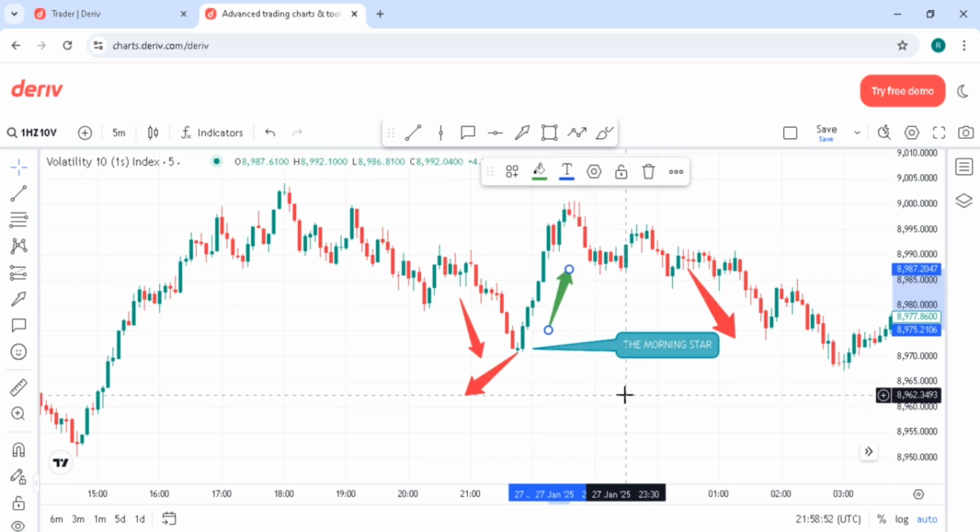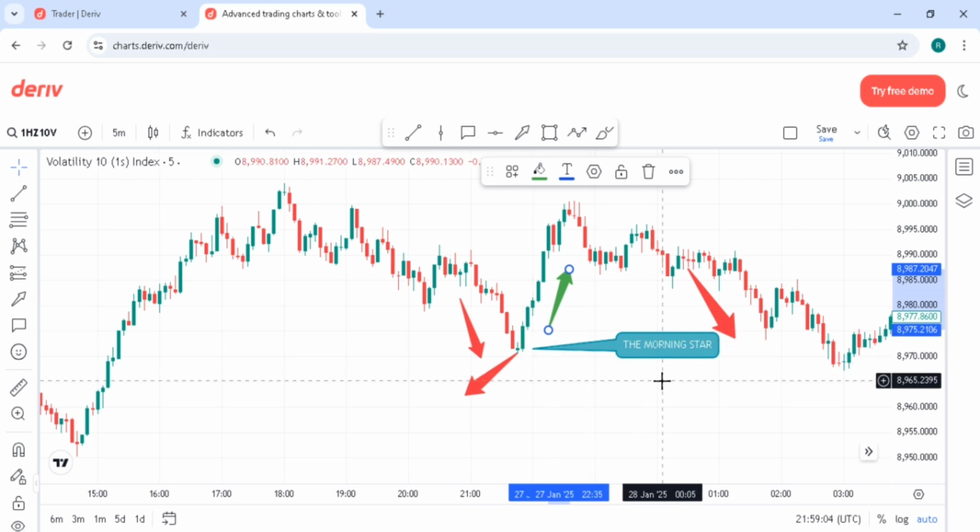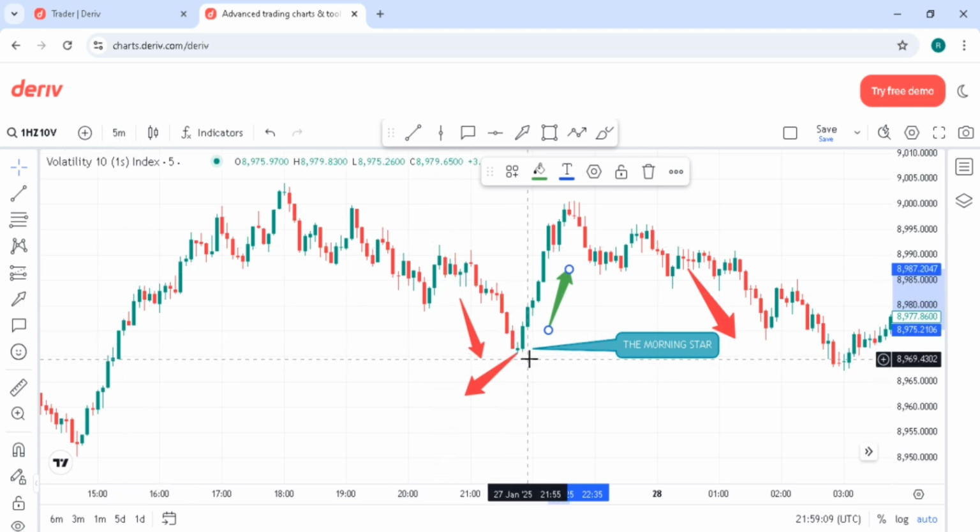So if we were to place trades using the morning star, we would enter the market after the close of this candlestick, this green one. And remember what we said in the previous parts. If you analyze using 5 minutes, you enter your trade using 10 minutes to eliminate the possibility of having the retracement candlestick. For instance, in this case, after the close of this one there could be a small retracement candlestick.